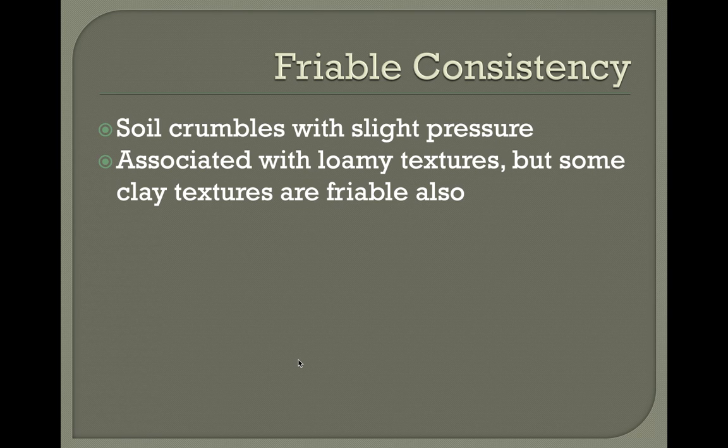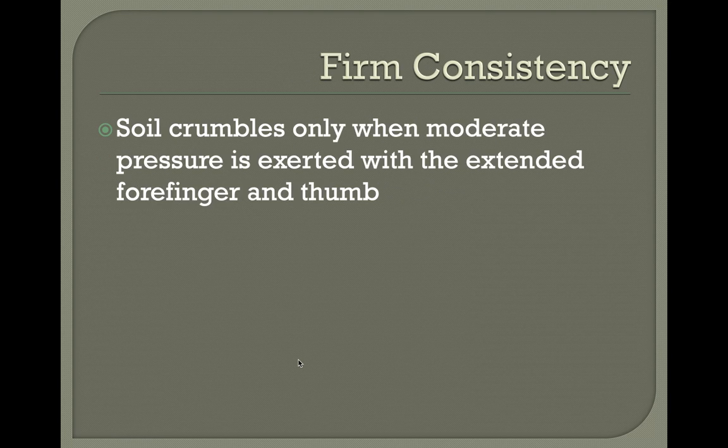And it's not going to be so loose that you could kick over the sandcastle and it's dead. So you're going to have a little bit of crumble with a little bit of pressure on this. Usually loamy soils, sometimes you have a little bit of clay in there, but the more clay you get in there, the more difficult it is to actually work with, and you start getting into a firm consistency.